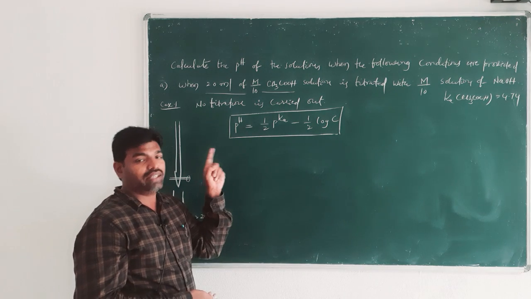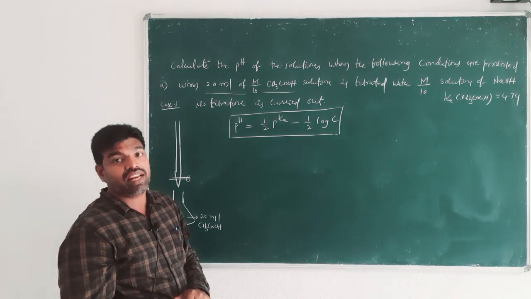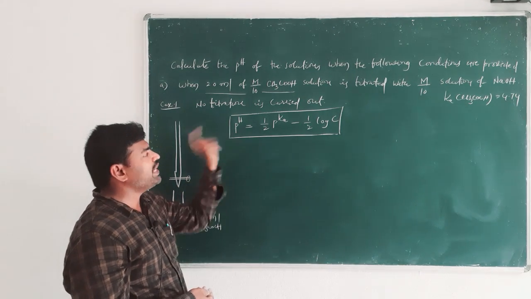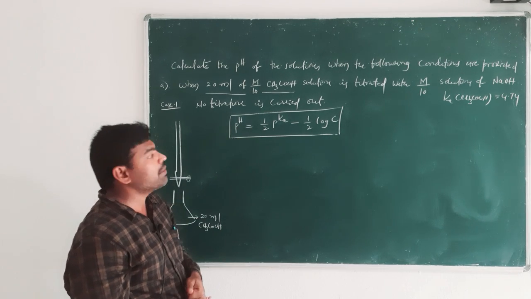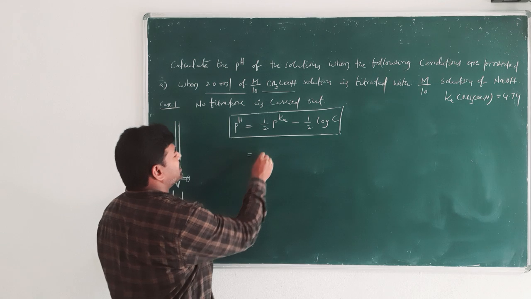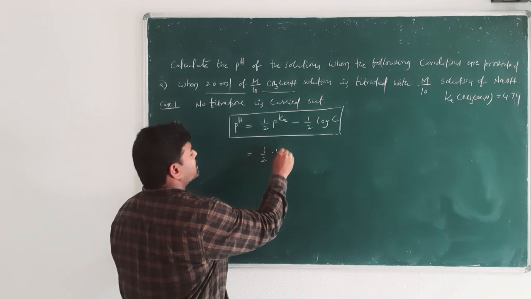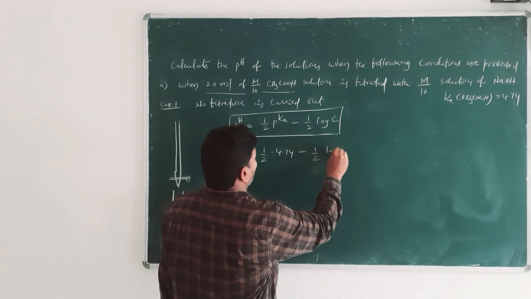I had already discussed this concept in the earlier videos. So the pH of a weak acid can be calculated by using the formula half pKa minus half log C. So pH is equal to 1/2 pKa, that is 4.74, minus 1/2 log C.